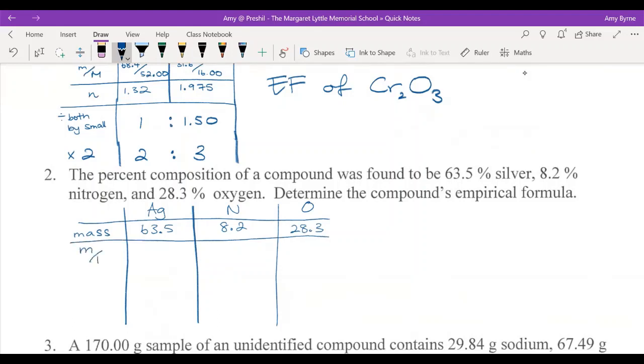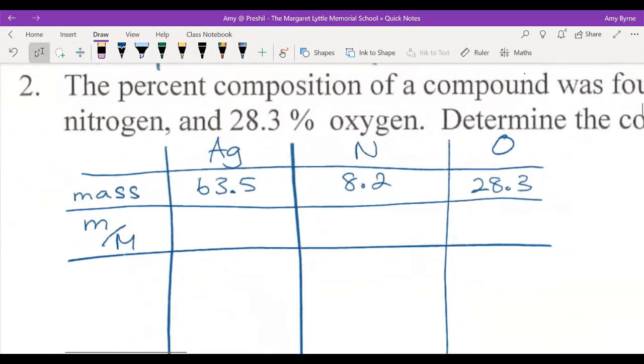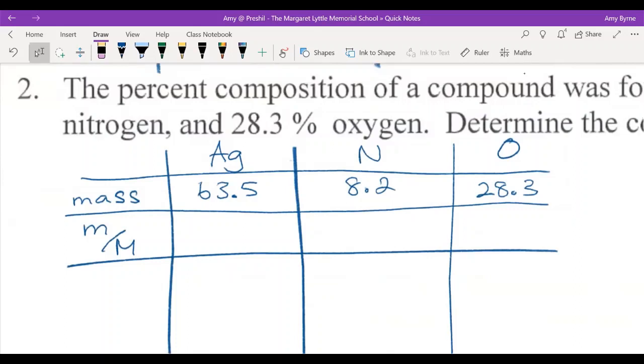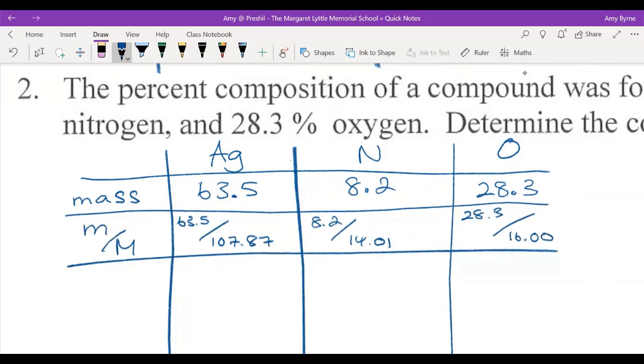My next step is to divide by my molar masses. Silver is 63.5 divided by 107.87. Nitrogen is 8.2 divided by 14.01. And oxygen is 28.3 divided by 16.00. And then I've got moles.